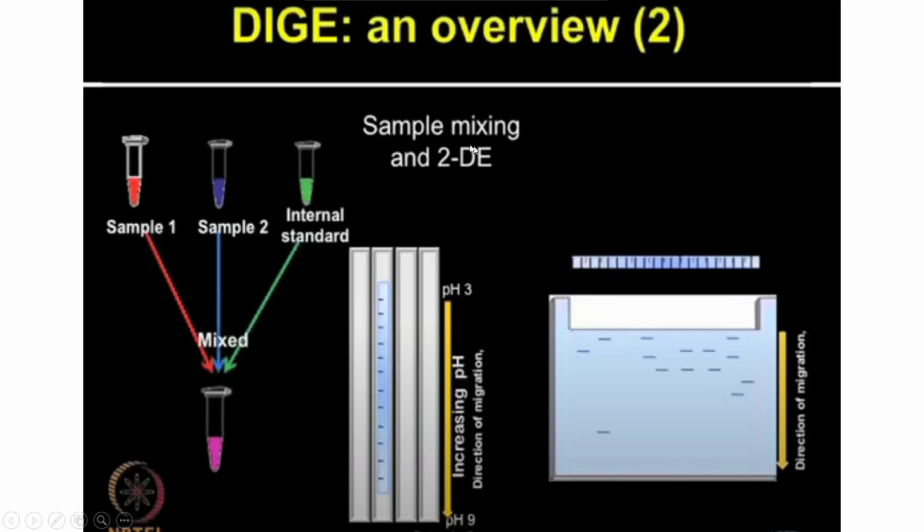Whereas in two-dimensional electrophoresis, only one sample can be run at a time, here all three samples are run in one go because we are mixing them and then running, and all three can be visualized separately because they have been labeled separately. That's the reason that even after mixing, we can visualize them separately using the DIGE technique, because labeling was involved initially. In two-dimensional electrophoresis there is no labeling as such, so only one sample at a time can be run. In DIGE, multiple samples can be run.